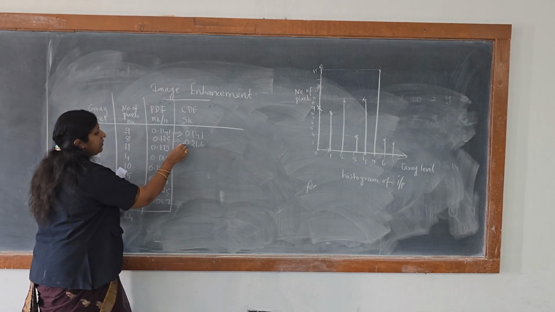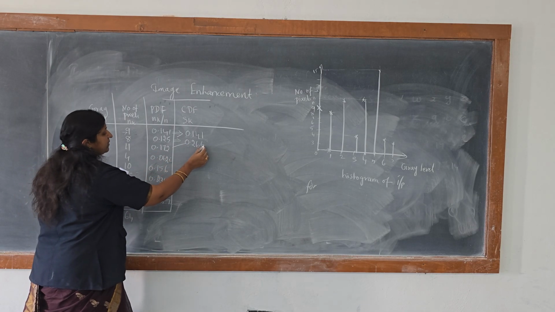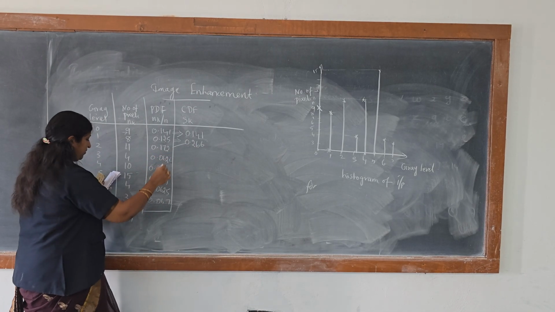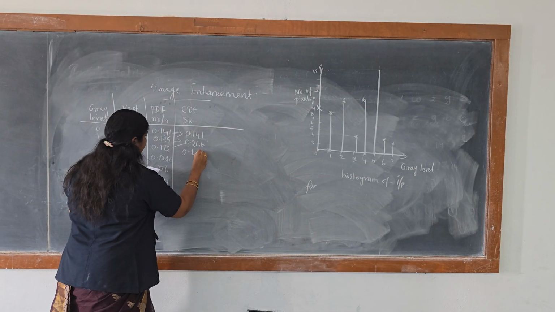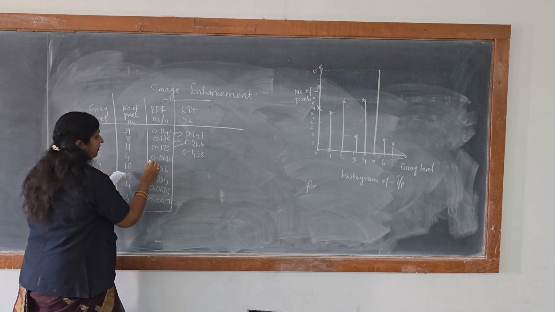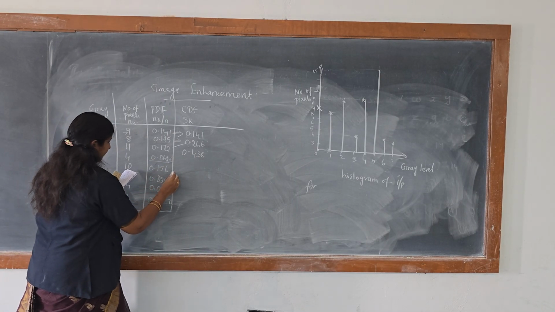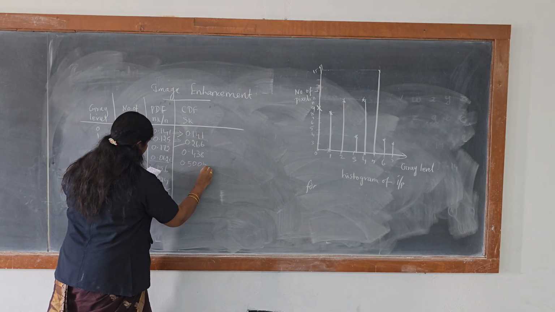Then again this value is added with the next value, that is 0.266 is added with 0.172, you will get 0.438, and again add 0.438 with the next value, you will get 0.5005.